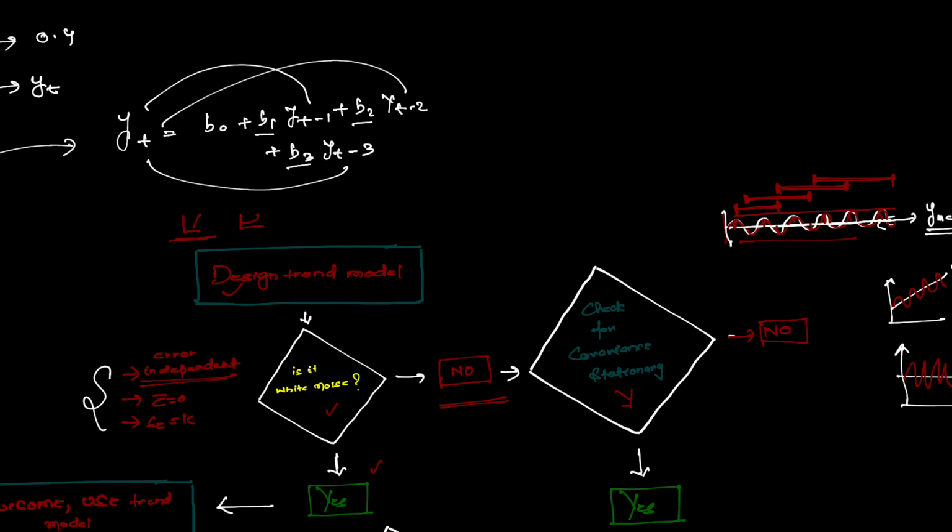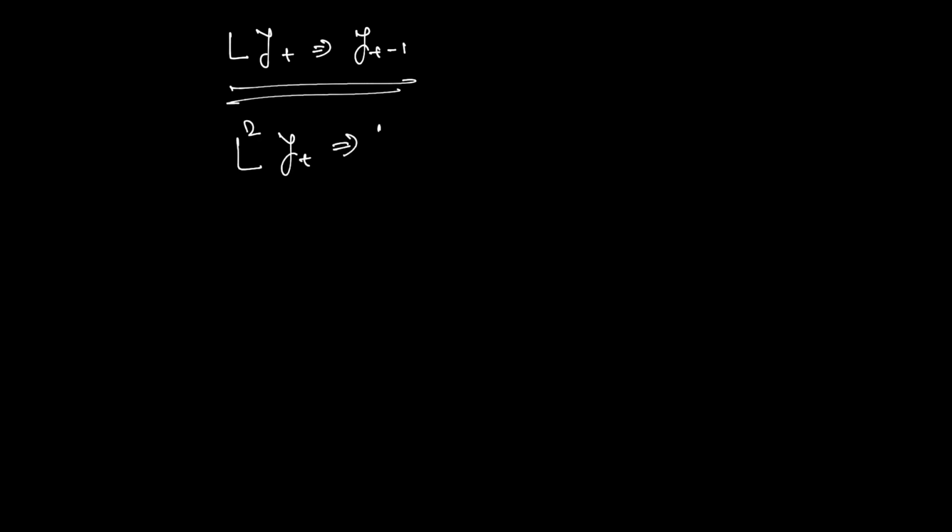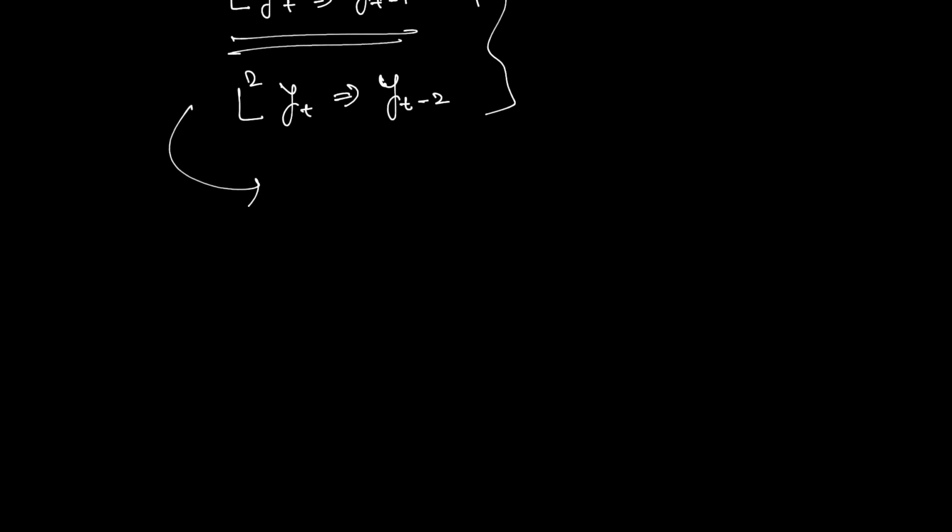We also discussed something which is related to lag operator. Now if I write L into yt, it becomes yt minus 1. If I write L square into yt, that becomes yt minus 2, and so forth. Right. Now with the help of lag operator, we also entered into the discussion of Wold's theorem.